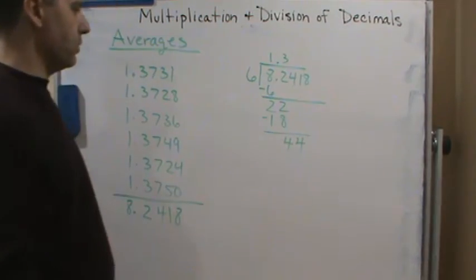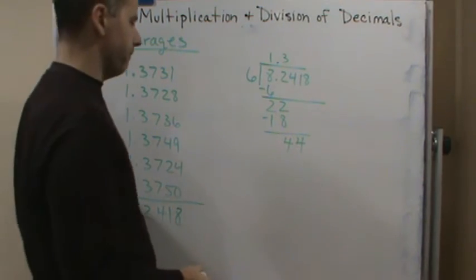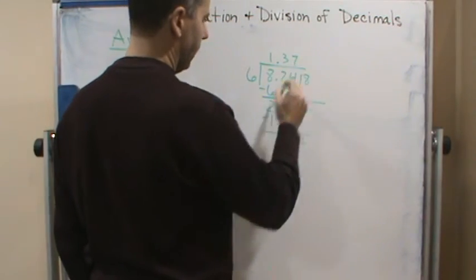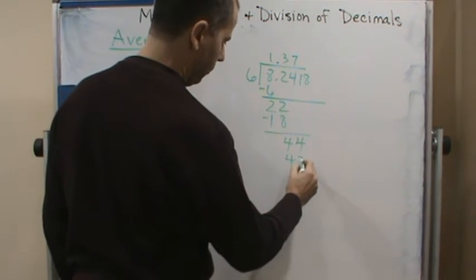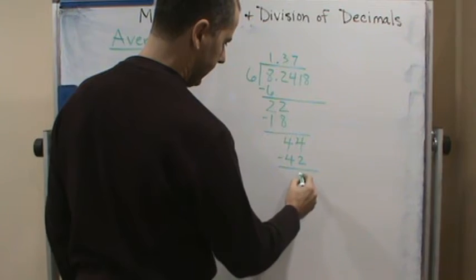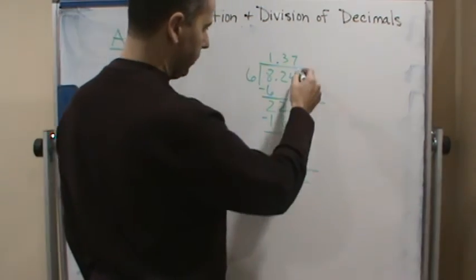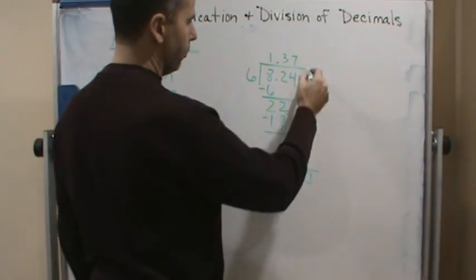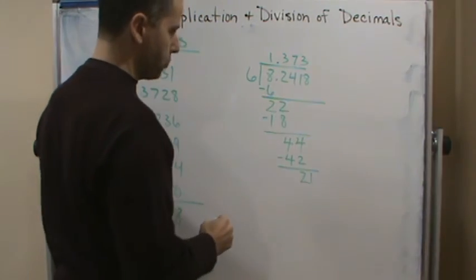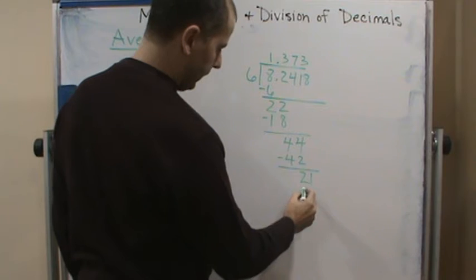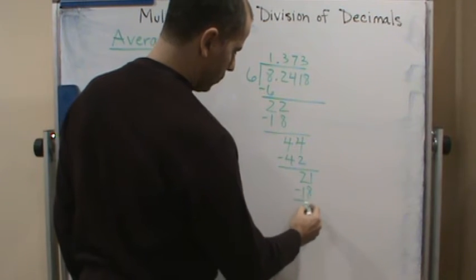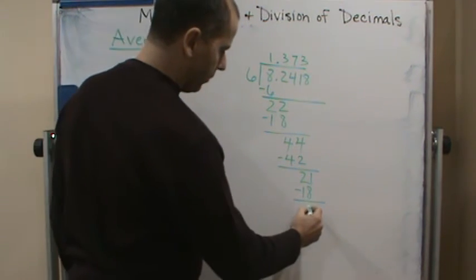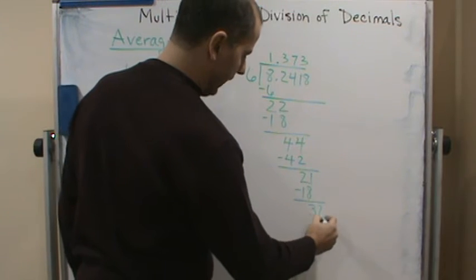And then I'm going to drop down the 4. And then 6 goes into 44 7 times. 6 times 7 is 42. I'm going to subtract and I get 2. And then I'm going to drop down the 1. And 6 goes into 21 3 times. And then again I'm going to get 18. I'm going to subtract, and that's going to give me 3. And I'm going to drop down the 8.